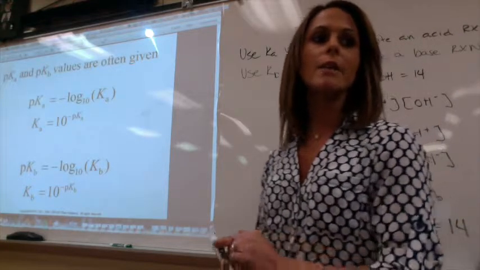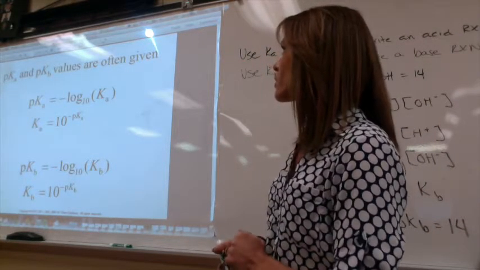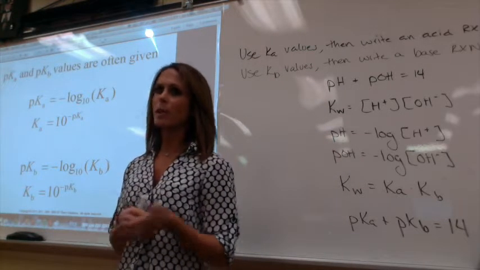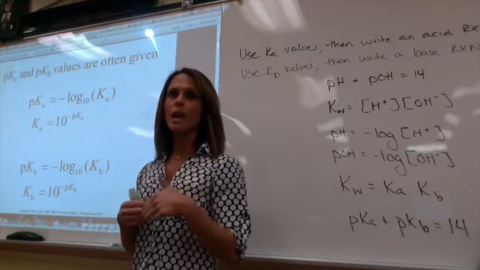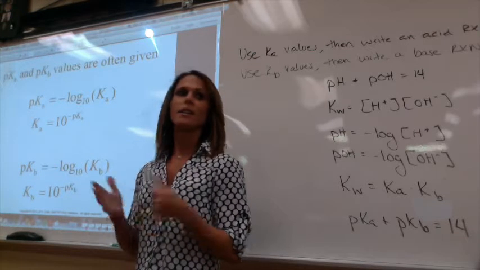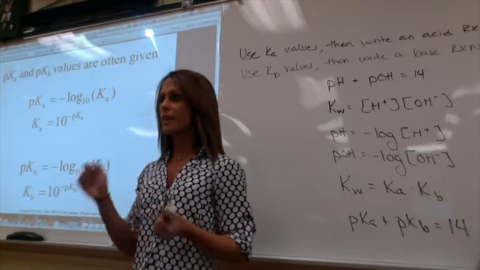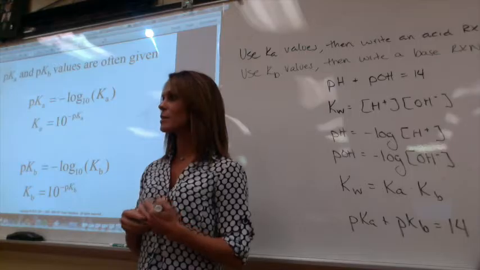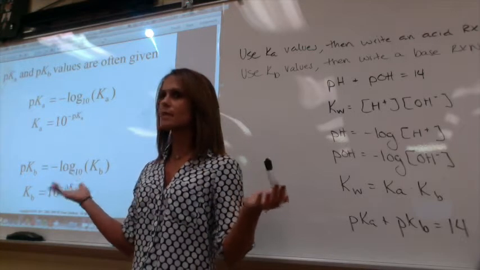All right, pKa and pKb values are often given. So they'll give you a question, and instead of giving you the Ka or the Kb that you need, they'll give you the pKa or the pKb. But P of anything means what? Negative log. You can find the P of anything. I can find the P of Mrs. De Bruin, the negative log of Mrs. De Bruin. Whatever it is, P just means negative log.